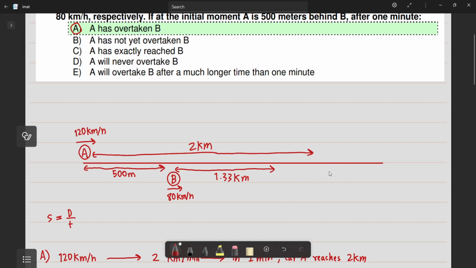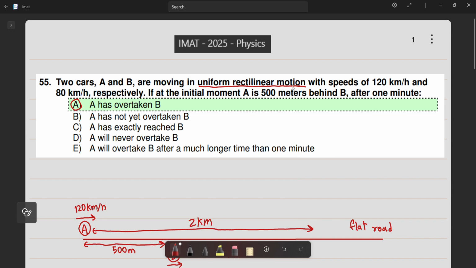Consider this as a flat road. These two cars are trying to race with each other on this flat road. So the cars are moving along the straight path. They can move either forward or backward, but they don't move in other directions like left or right. Okay, so that's the meaning of rectilinear motion.